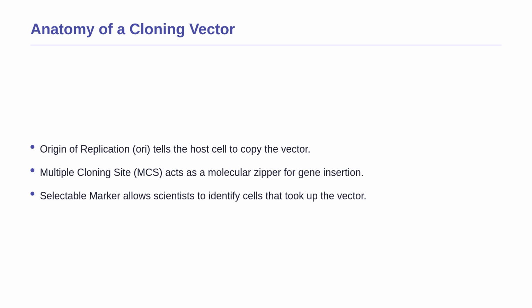Second, it requires a multiple cloning site, which acts like a molecular zipper containing unique recognition sites where we can insert our foreign gene. Finally, it must have a selectable marker, such as an antibiotic resistance gene. This marker is crucial because it allows scientists to easily identify and select only the cells that have successfully taken up the vector.